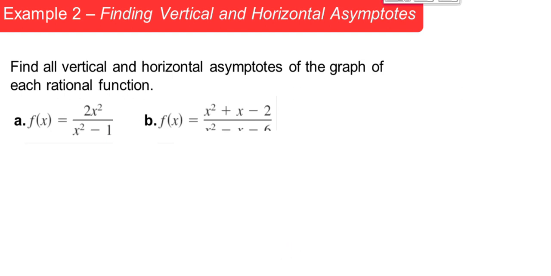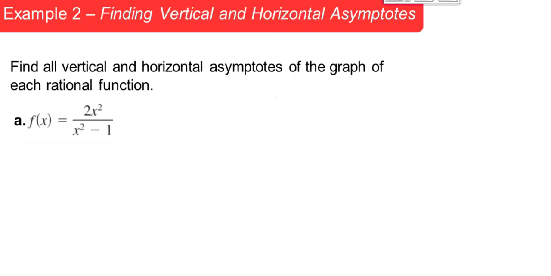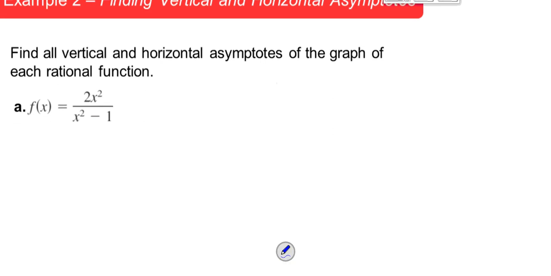I'm just going to get rid of this part B. I have it on a different slide, and so it's a little hard to see anyway. So here's our first problem: find all vertical and horizontal asymptotes for the graph of the function. So for vertical asymptotes, we set the denominator equal to 0.